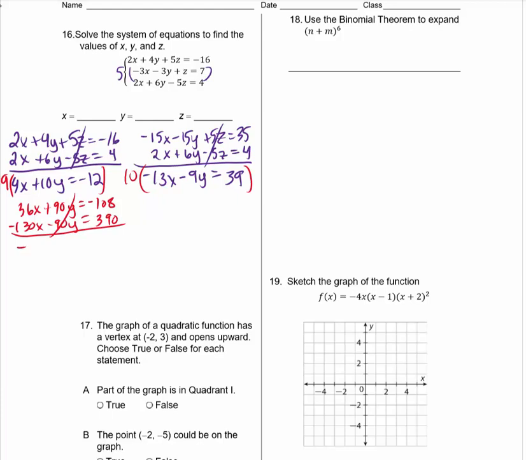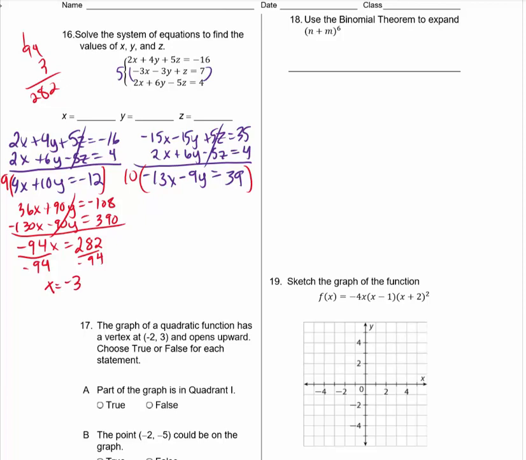This is negative 94x, and this is negative 282, and hopefully this divides in 3 times. It does. So x is negative 3.